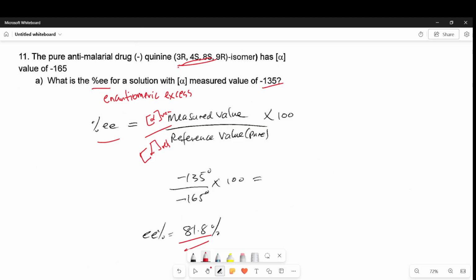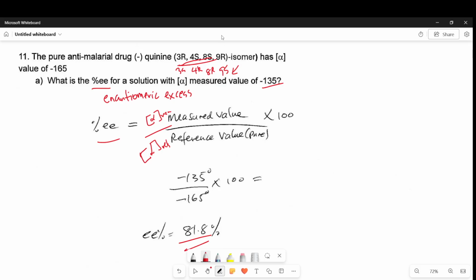The other one is the mirror image, for example, 3S, 4R, 8R, 9S. So this is not the desirable one. But when you synthesize, you only synthesized it to this excess of this one, which is your target. But on the way, you have also some impurity of the other enantiomer.